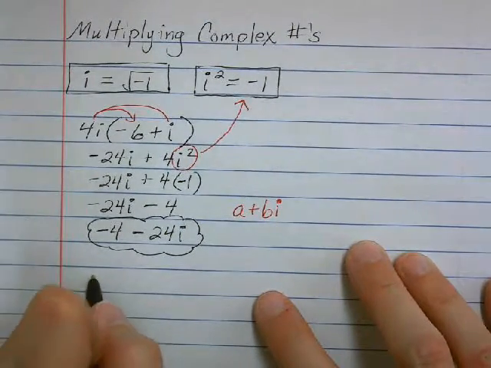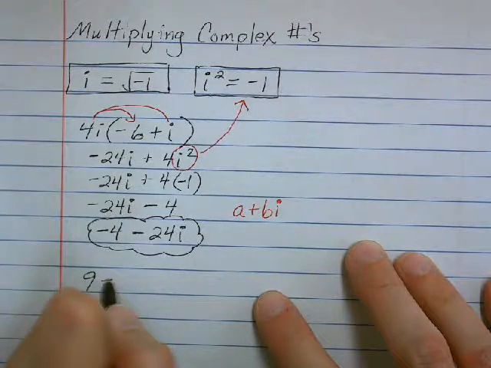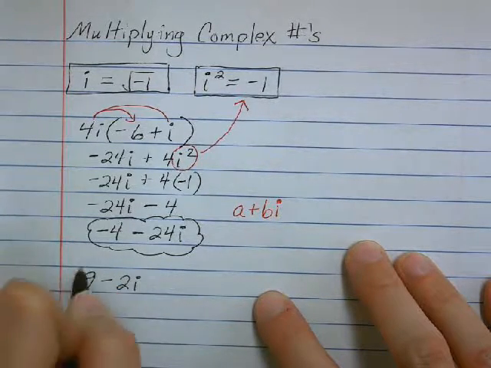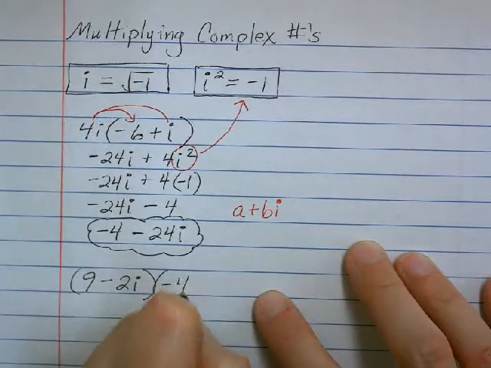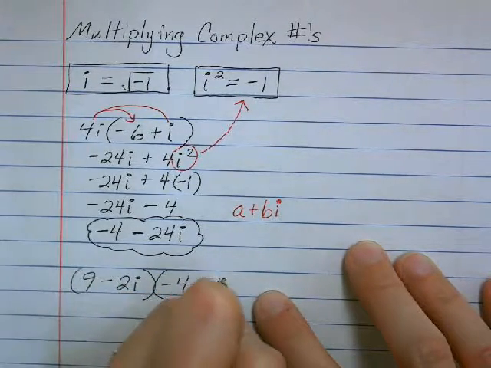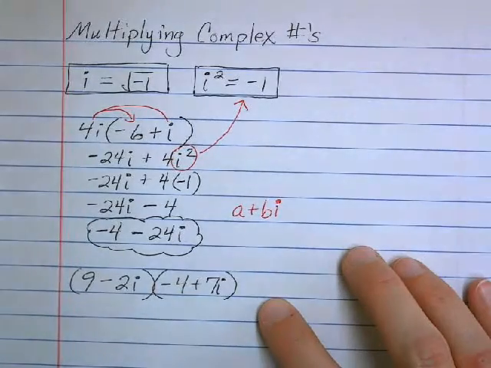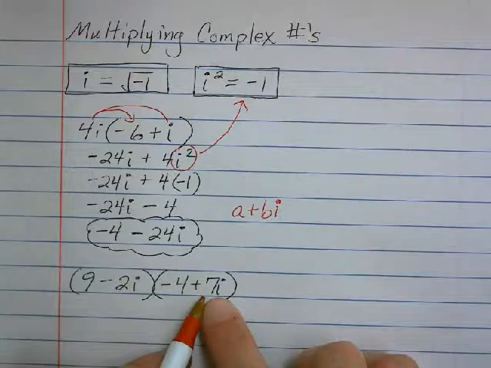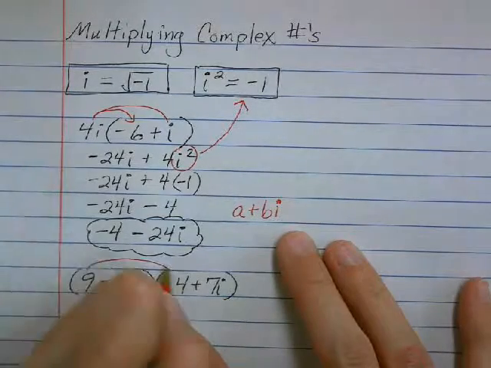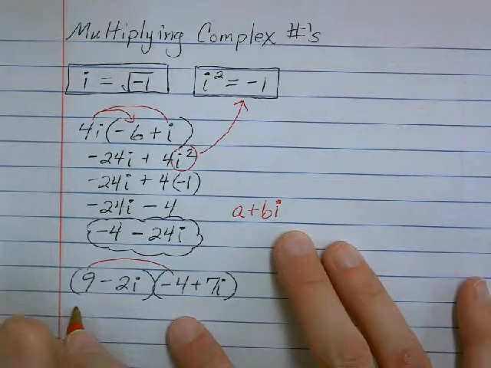Okay, another problem similar to that, another multiplication problem that you should see printed on your note sheet next, has two sets of parentheses. 9 minus 2i times -4 plus 7i. Again, we're going to do our distributive property.